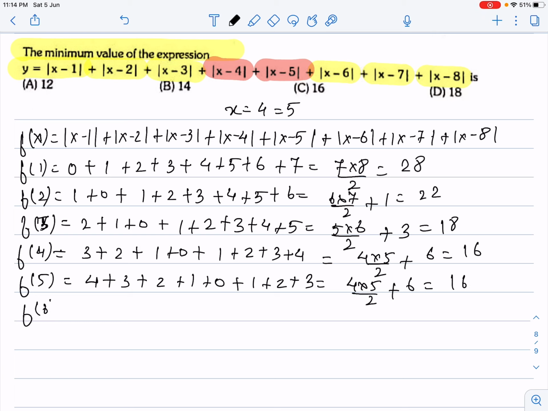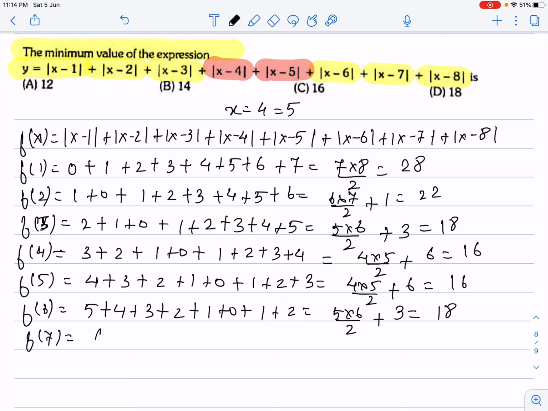And f of 6 I'll be computing 5 plus 4 plus 3 plus 2 plus 1 plus 0 plus 1 plus 2. That means what? 5 into 6 by 2 plus 3, that is 18. Then f of 7 I'll be computing 6 plus 5 plus 4 plus 3 plus 2 plus 1 plus 0 plus 1.